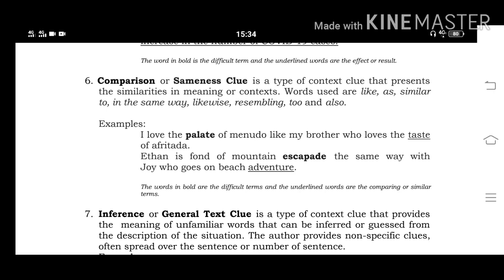Okay, salitang escapade ay kasing tulad ng salitang adventure. Paano mo nalaman na comparison or sameness clue ito? Dahil sa phrase na the same way. Okay, the same way with.